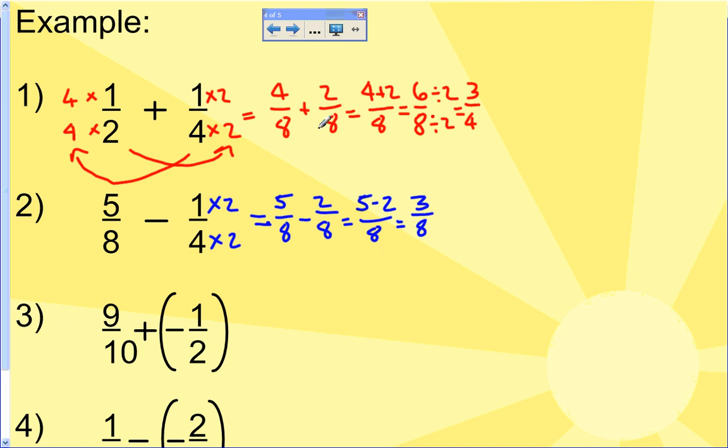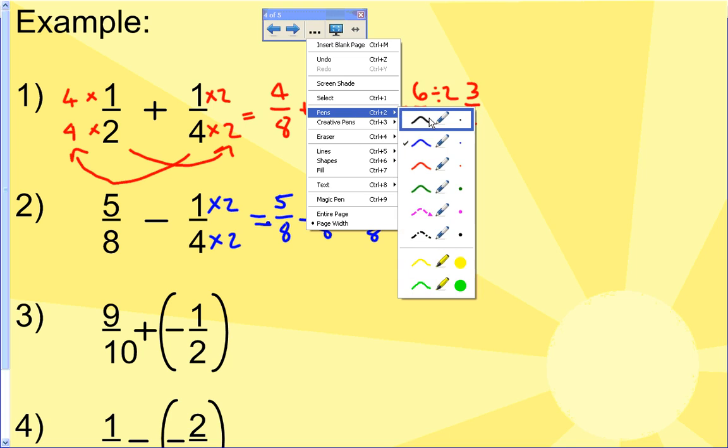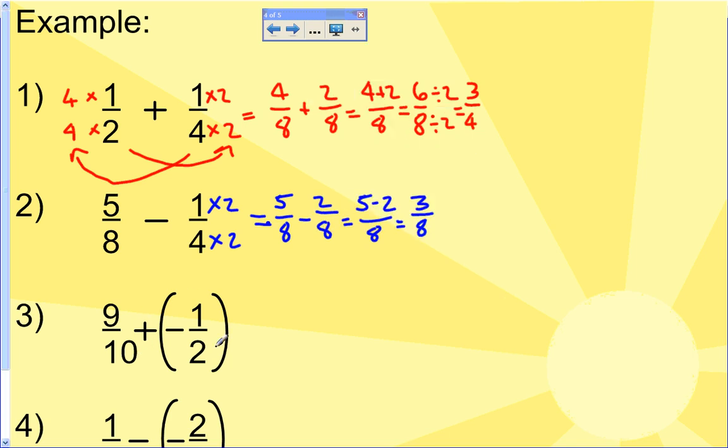All right, number 3. I have a 10 and a 2. I want them to be the same. Can I multiply 2 times something and make it 10? Yes, I can multiply it times 5. So I multiply the top and the bottom by 5.